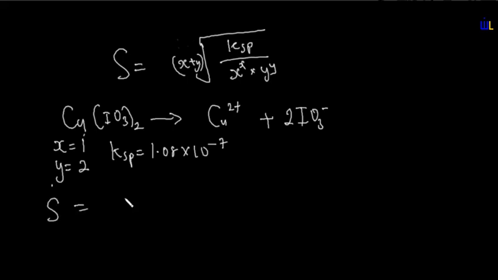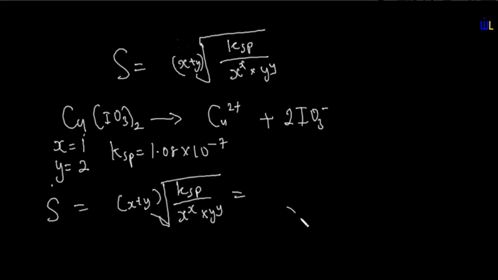Now let's get to work. Solubility is equal to the (x plus y)th root of Ksp divided by x raised to the power x times y raised to the power y. This formula is not in any textbook. So if you miss this and they give you a question on this, you don't miss it. So listen. Let's add this: x is 1 plus y, which is 2, which means you are going to do cube root.